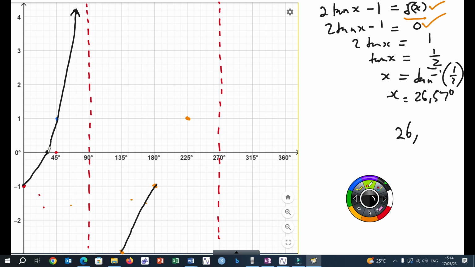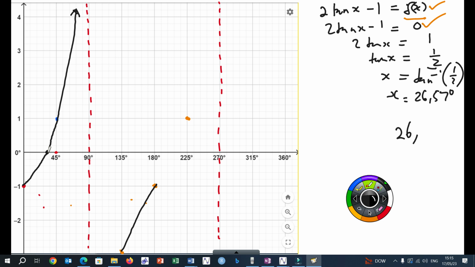Don't rush to answer the question. Think first. So you said it repeats every 90 degrees, right? This is 26.57, it's in the first quadrant. Tan is positive in the first quadrant. Tan is positive in the third quadrant. Don't forget your CAST diagram. And it's also positive in the first one.